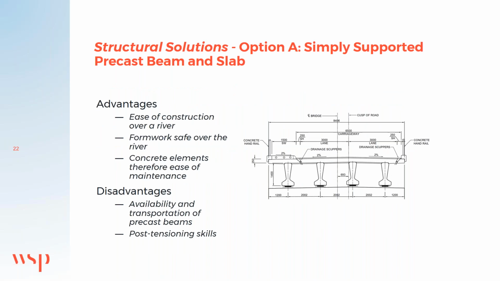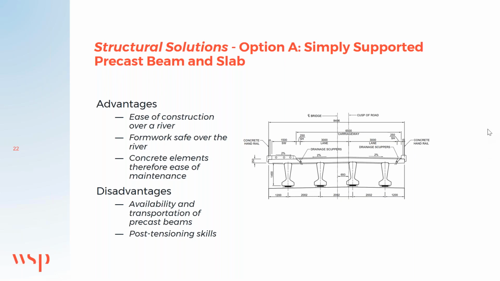So now come in the structural solutions. We had 3 structural solutions that we considered. The first solution is a simply supported precast beam and slab. As you can see, the advantage of this solution is ease of construction.